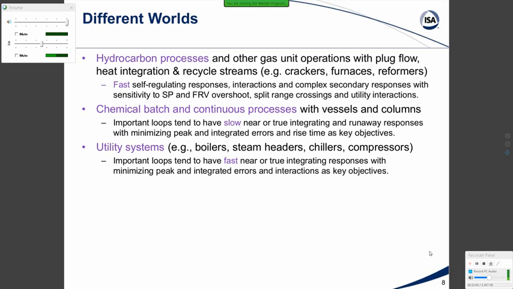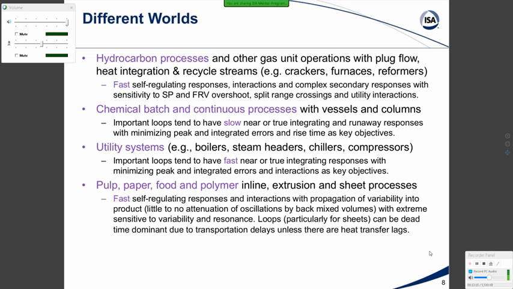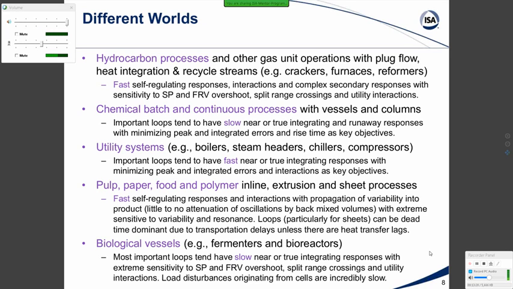And utility systems, of course, I've seen and worked with those because every process has some utility systems. And then I've worked on some polymer inline extrusion and sheet processes. I haven't really worked on pulp and paper or food. And I have worked on biological vessels, both fermenters and bioreactors.